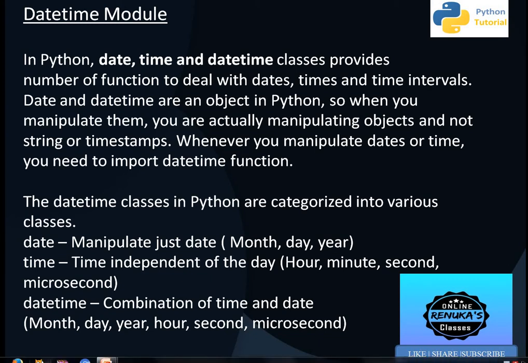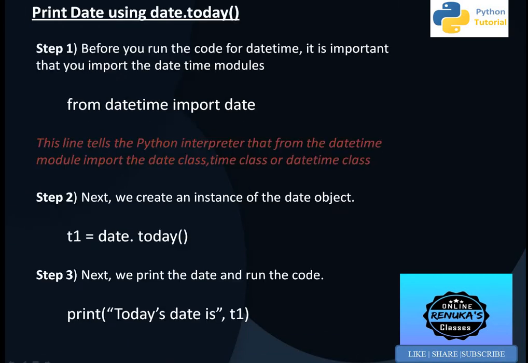Now next we will learn how to print the date using the datetime class. The first step will be to import the date module from datetime. Datetime contains both date and time.